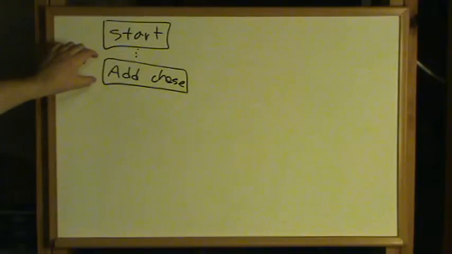And regular rectangles indicate a particular task that we want the computer to do. It doesn't require any intervention from the user, any sort of interaction or anything. Not when it's in this form.